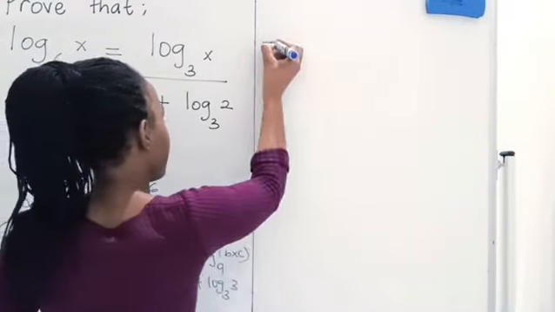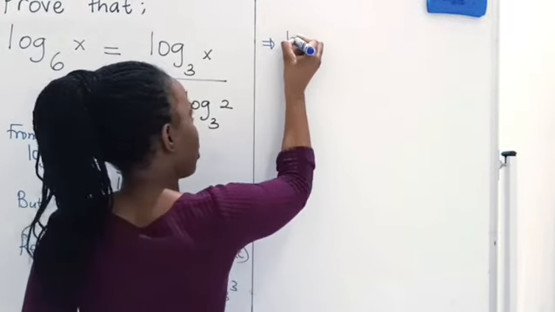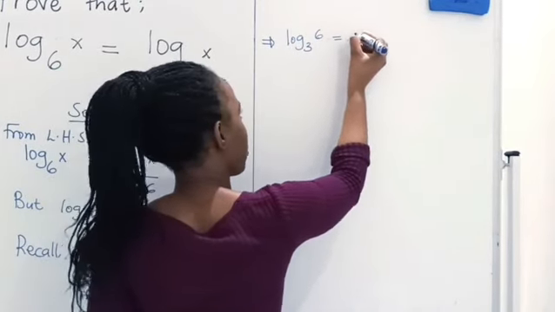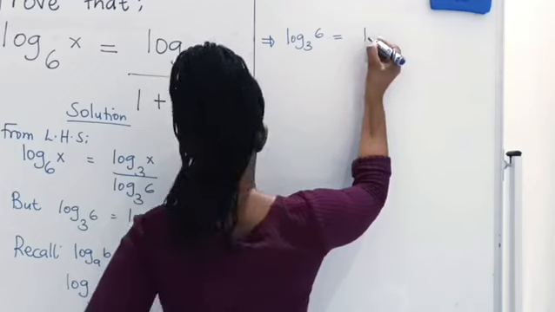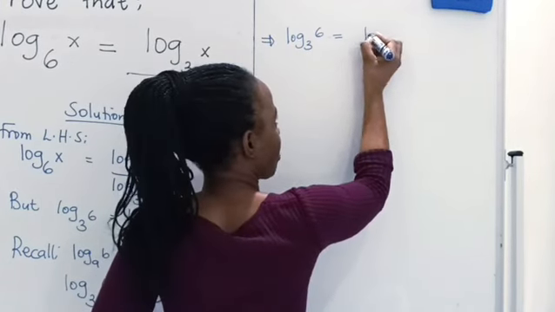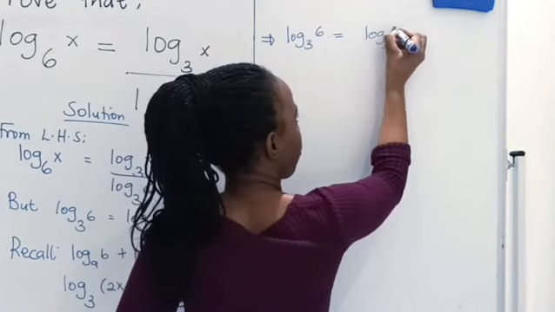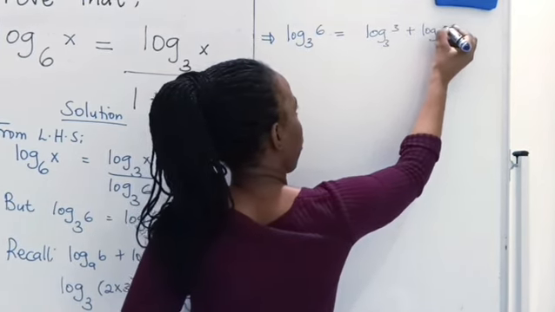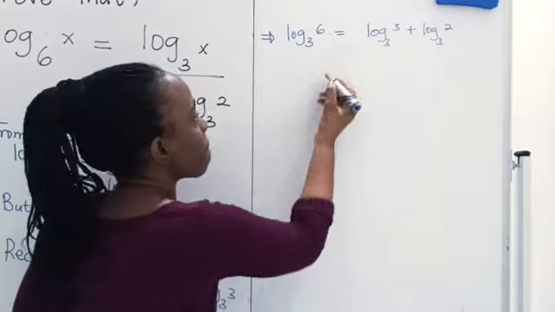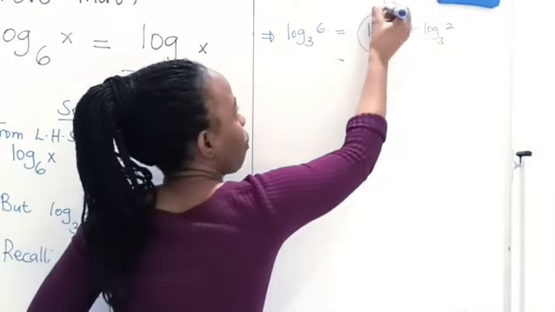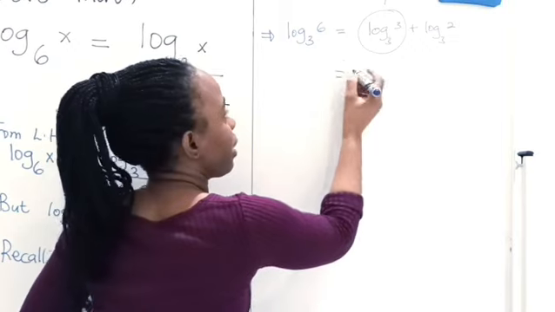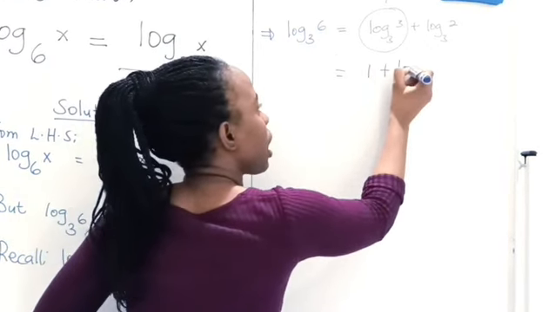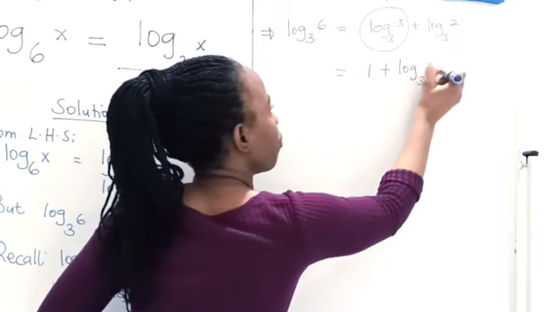So log 3 of 6 is going to be 1 plus log 3 of 2.